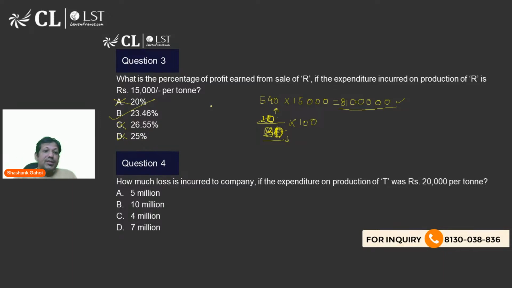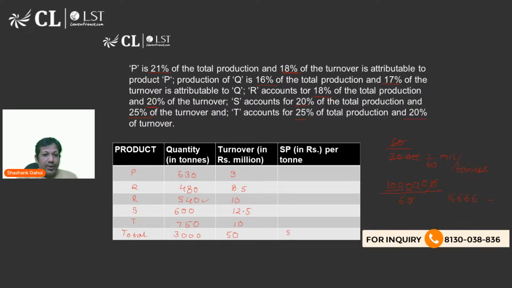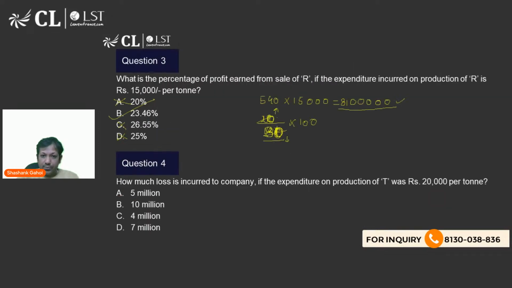Now, next question is how much loss is incurred by the company if the expenditure on production was 20,000 per ton? Okay. So in T, the quantity is 750 and turnover is 1 crore. So basically, what is the total cost?